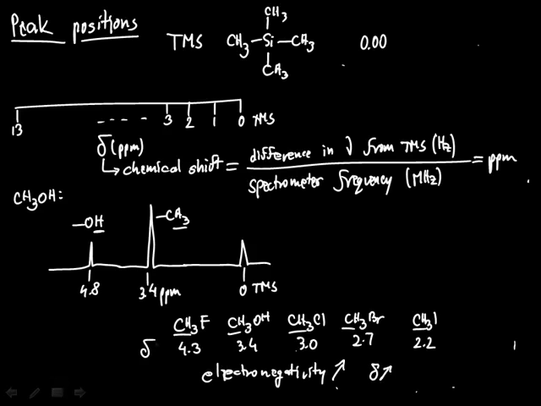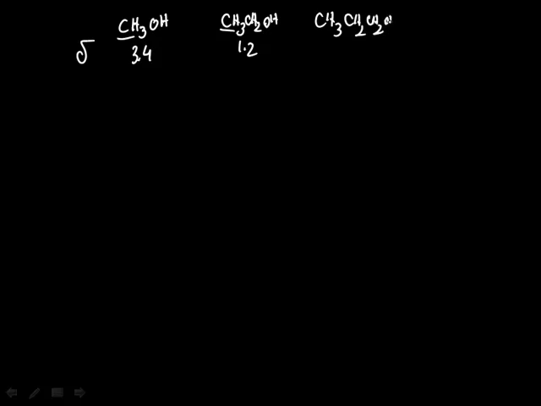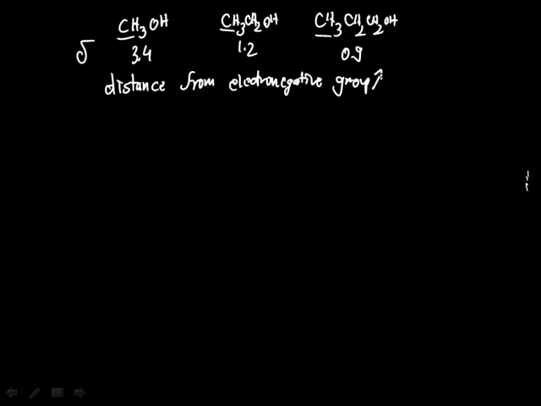This electronegativity effect of the neighboring atom depends on the distance as well. If we look at the methyl groups in methanol, which absorbs, as we said, at 3.4, ethanol, where this moves to 1.2, and finally propanol, where this is at 0.9, we will see that as the distance from the electronegative group increases, our chemical shift decreases.